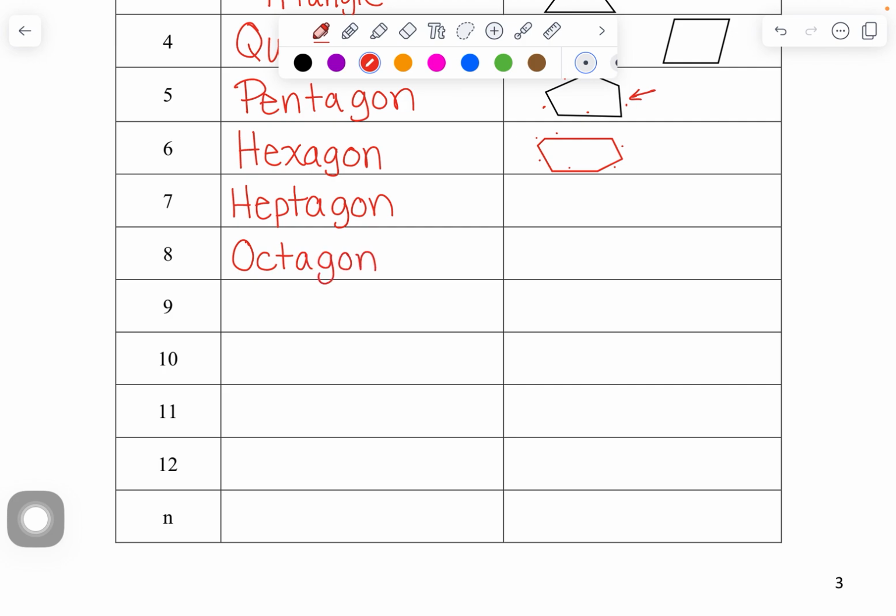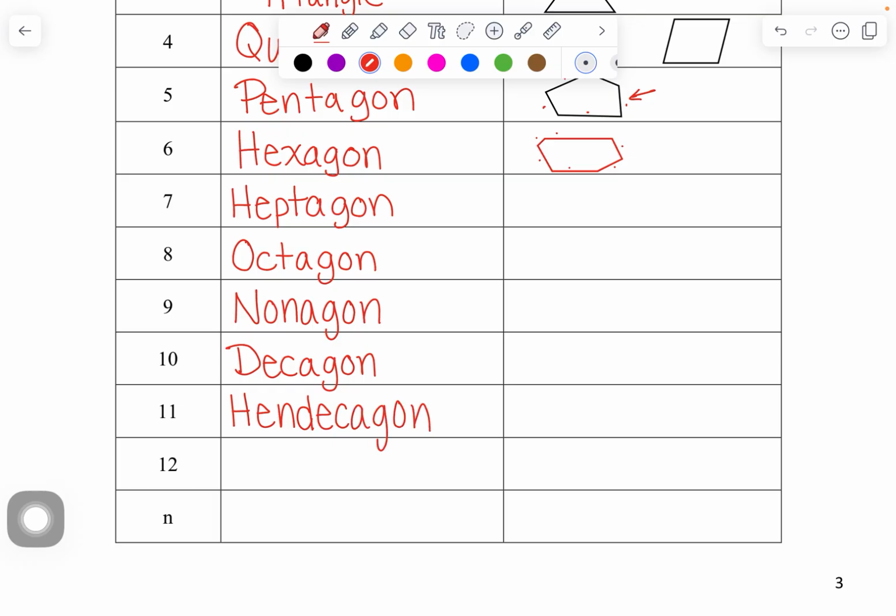That's one people generally know. 9-sided, nonagon. 10-sided is decagon. 11-sided is called a hendecagon. And 12-sided is dodecagon.